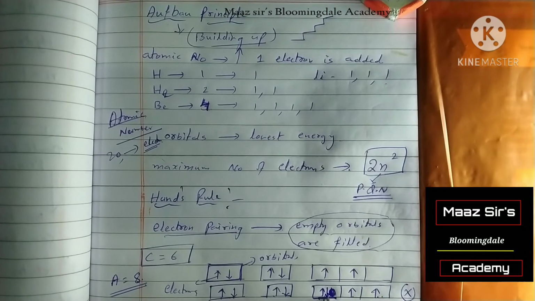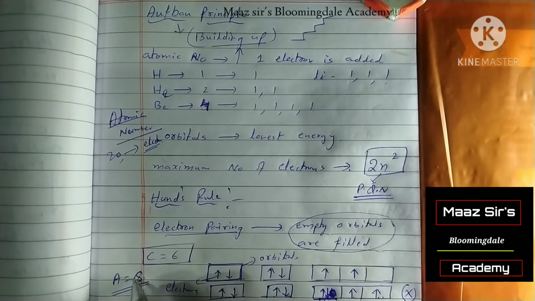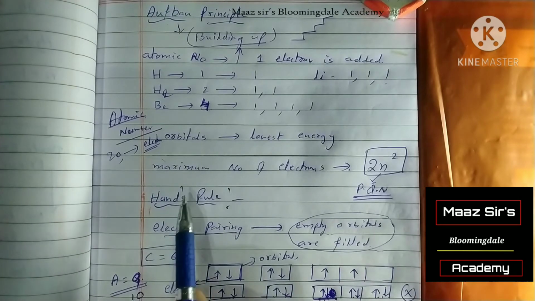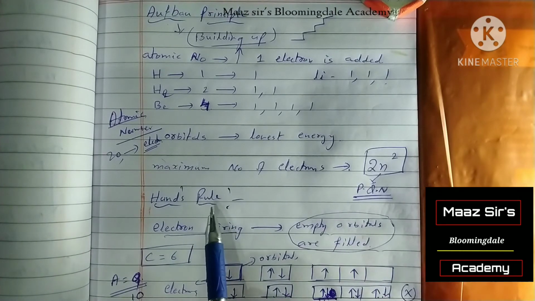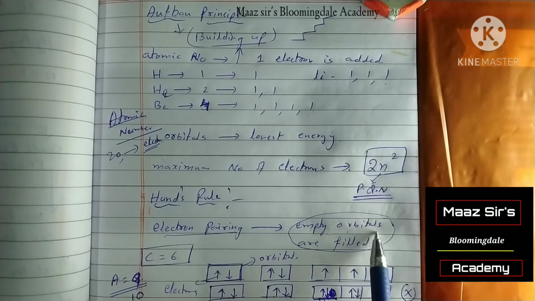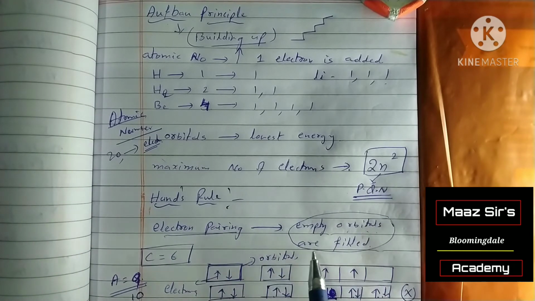Is it clear? If it has 9 electrons, then again this electron will come here. If it is 10, this electron will come here. So Hund's rule basically says that pairing will take place only after the empty orbitals are filled.